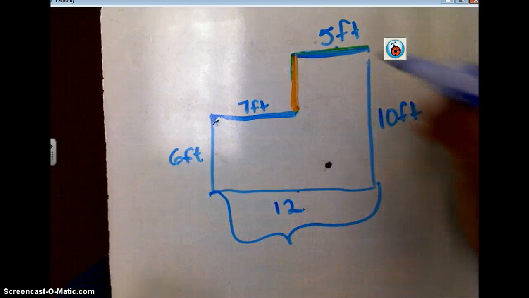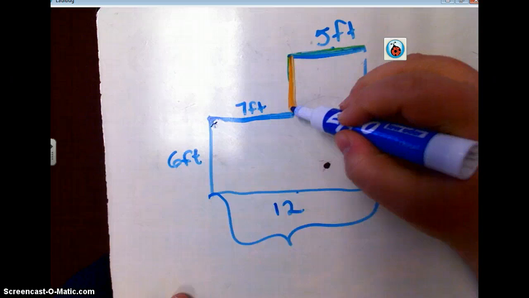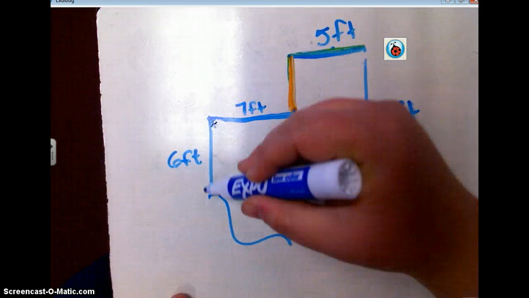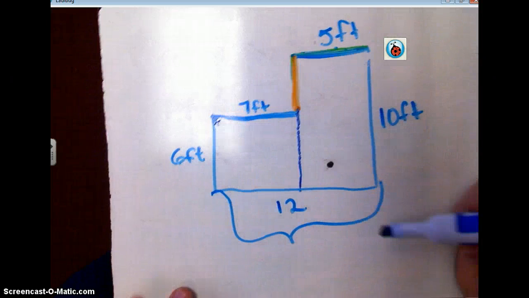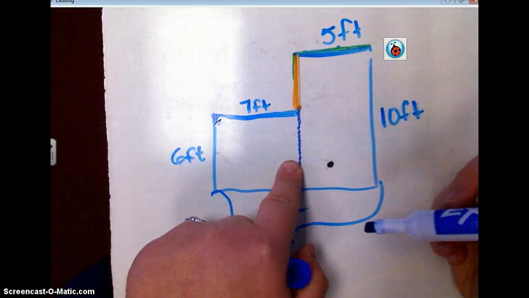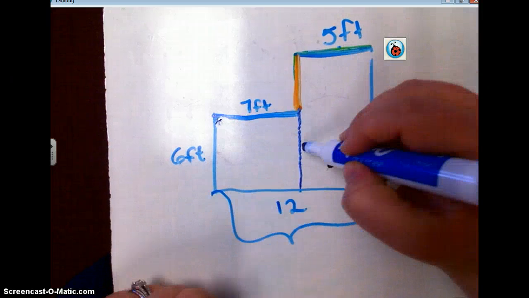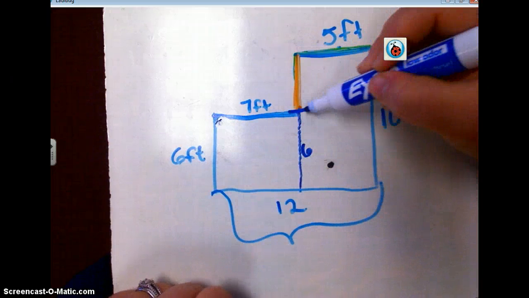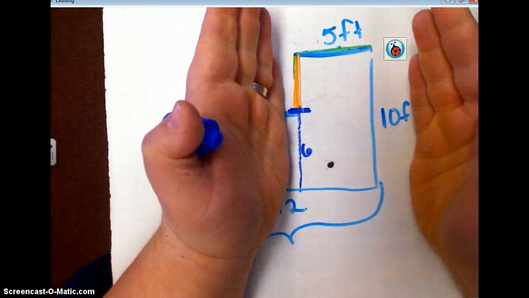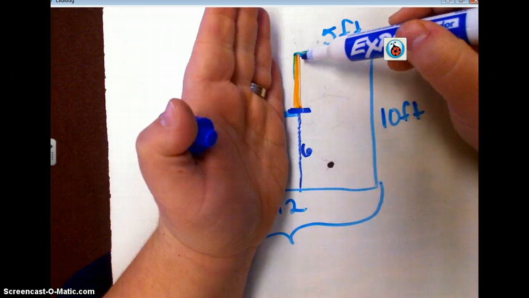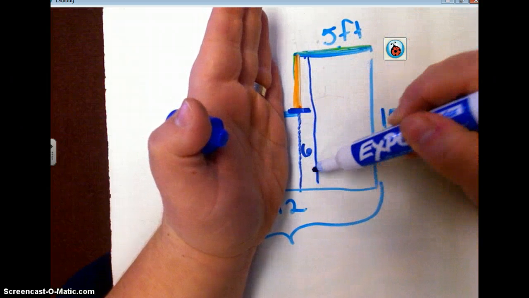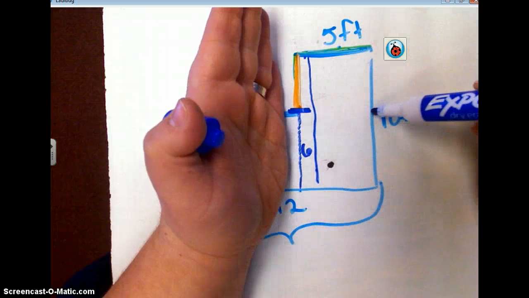Okay. If I would imagine drawing this line straight down here, okay, do you see how that makes a rectangle here? If this side of my rectangle is 6, what does that tell me about this side? That it has to be 6 also, okay? But that's only to right here. Now if I look at it as this rectangle, this whole side here, and I'm going to draw the line a little bit closer, but this line here has to be the same as this side here, right?